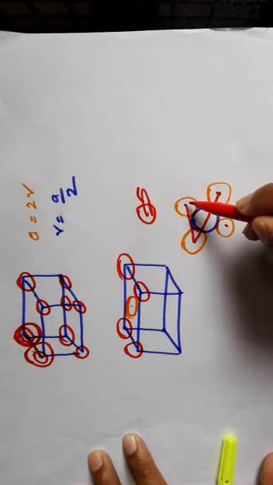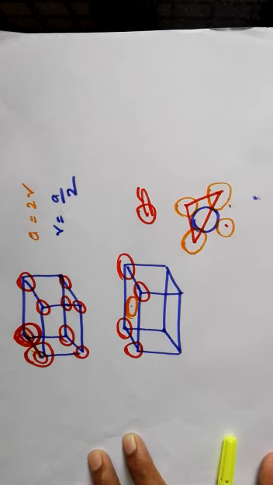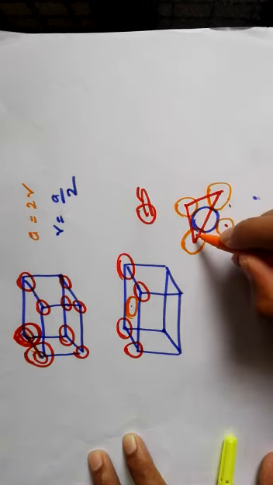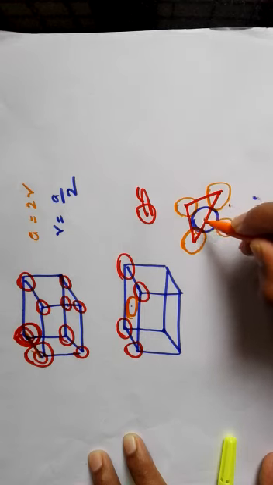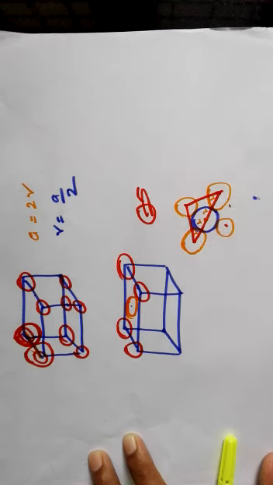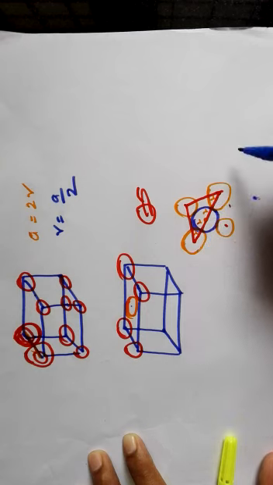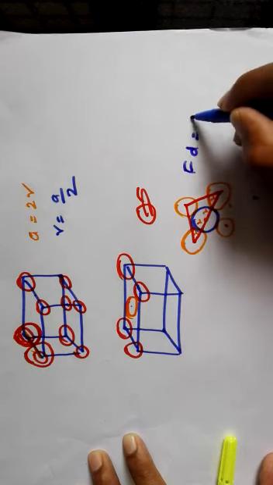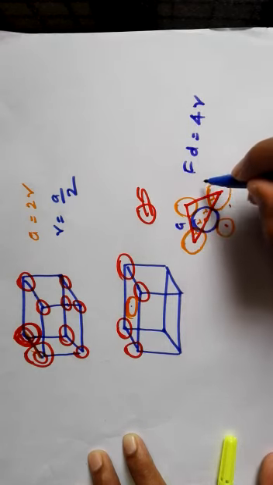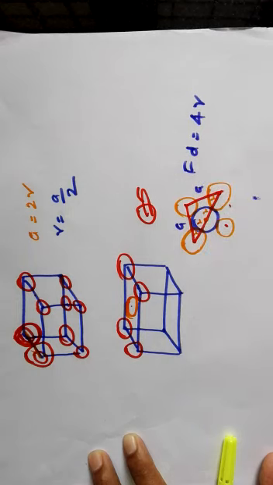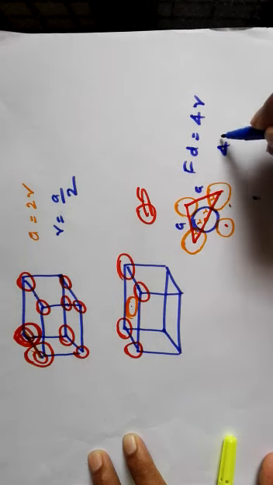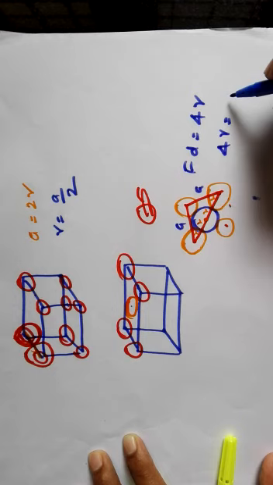You can make this: look here, r, here r. This is 4r. Face diagonal is equal to 4r. This is a, this is a.